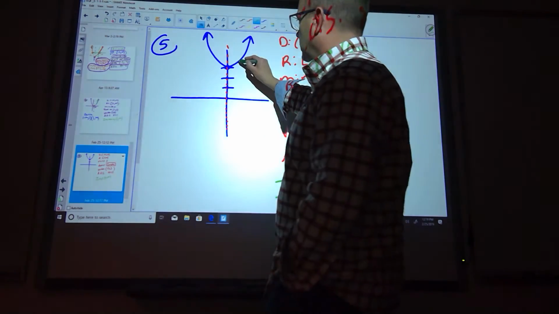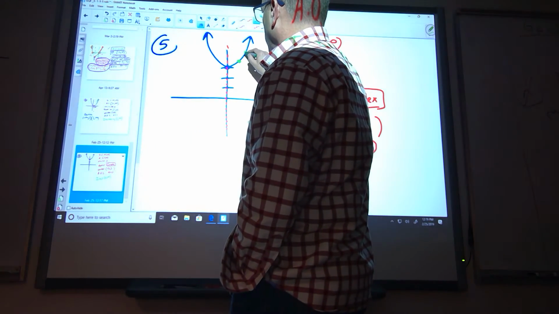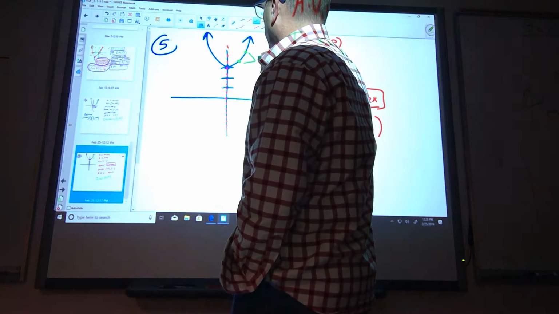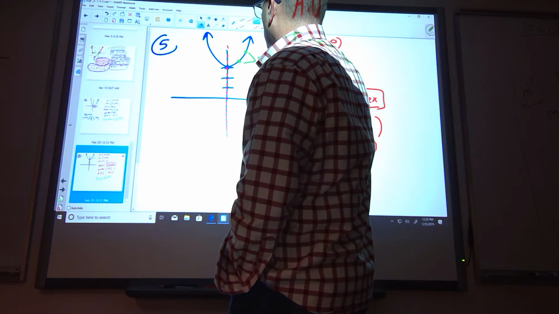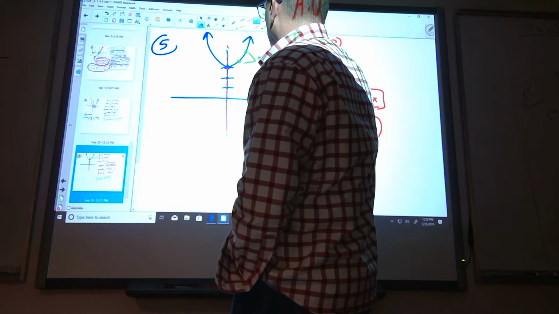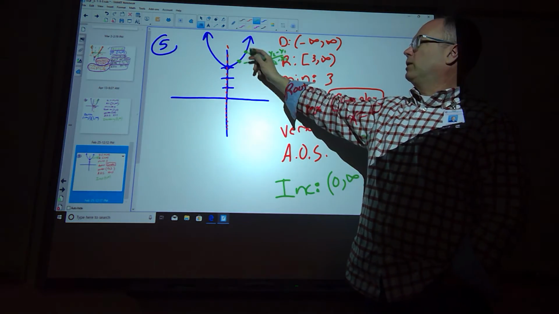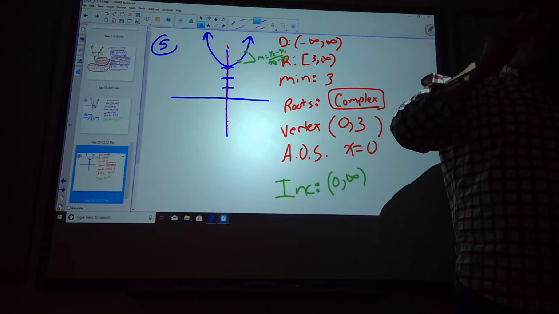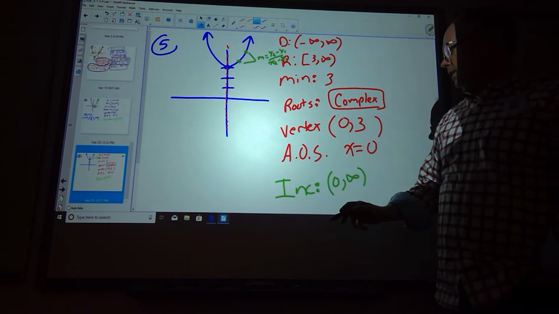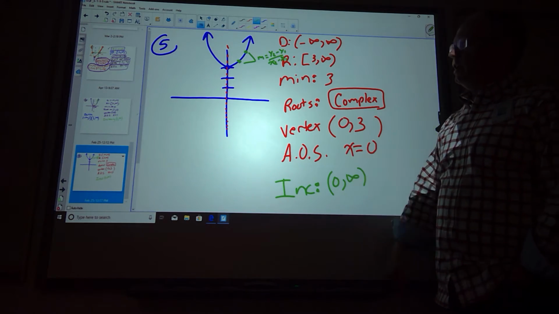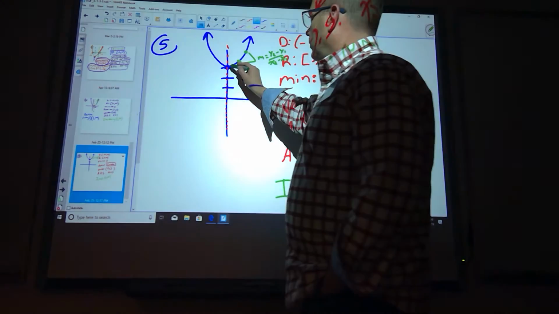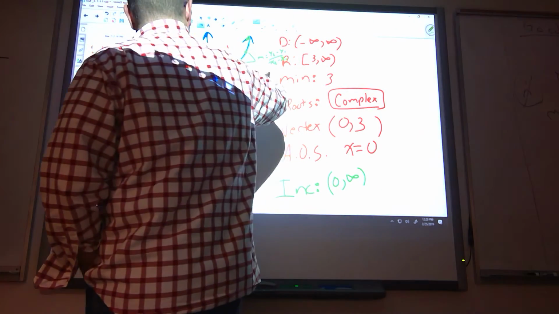And the reason is if I were to pick this point and this point, and plug those into our slope equation, pick any 2 points on this side, the slope is positive. So from 0 to infinity, it's increasing. So all over here is increasing.